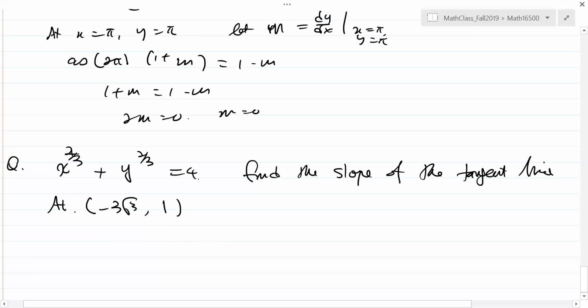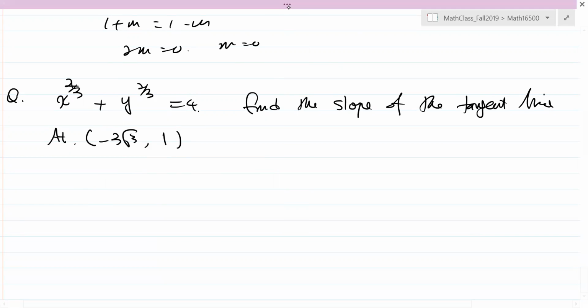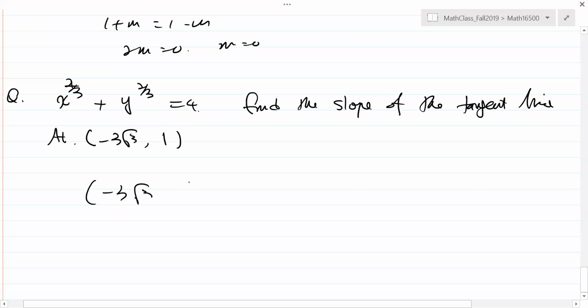Okay, and let me show you how to do that. So when x to the 2 over 3, right? When x equals negative 3 square root 3, let's simplify this. What's the definition of that?